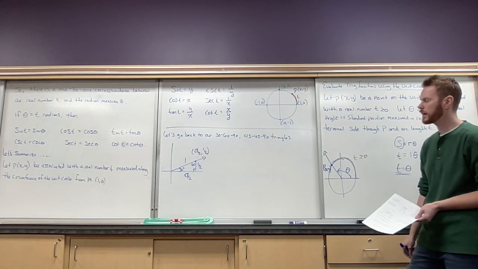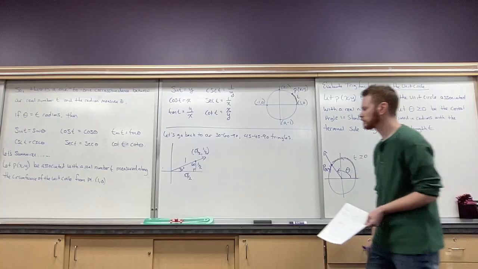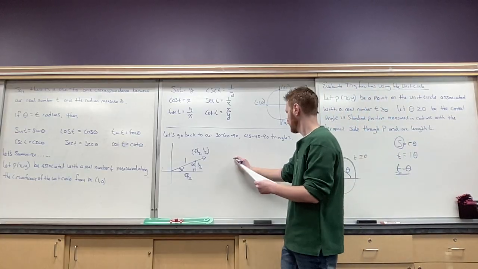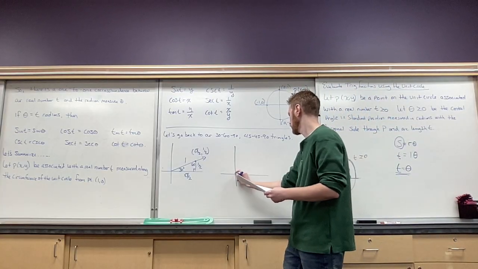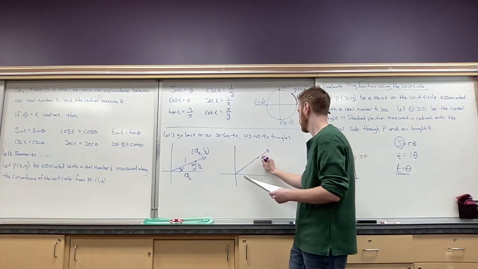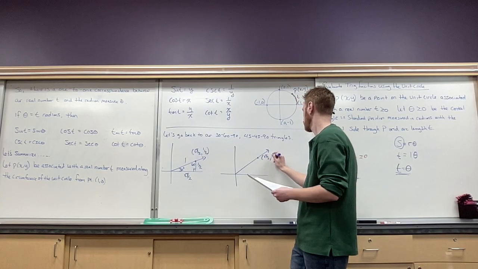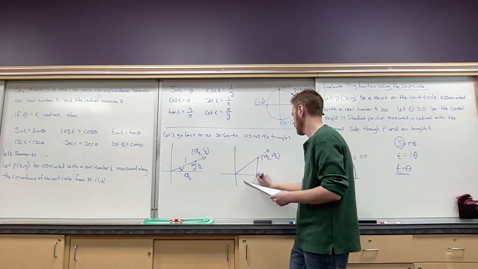There was a 30, 60, 90 that we derived in the past. Okay. Next one. This was our 45, 45, 90.